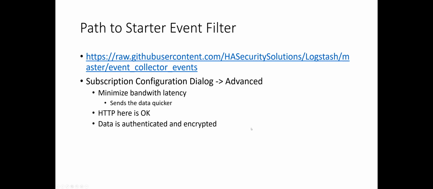HTTPS is useful if you're pushing to a server offsite or into a cloud endpoint, because that requires an HTTPS connection for authentication. That's available too. If you have a WEC in the cloud and you want to send the data directly to it, you could do HTTPS here as well.